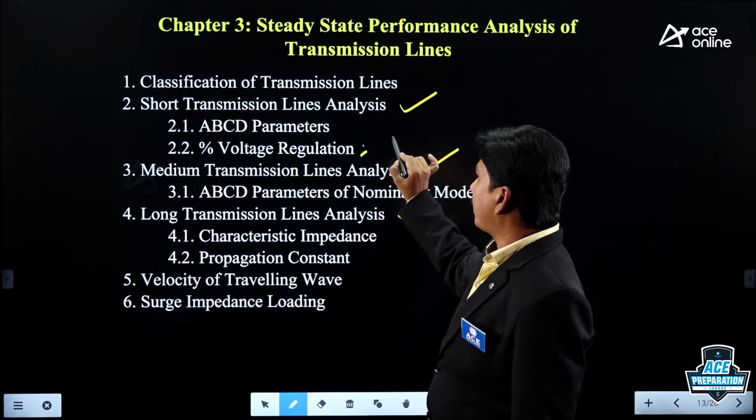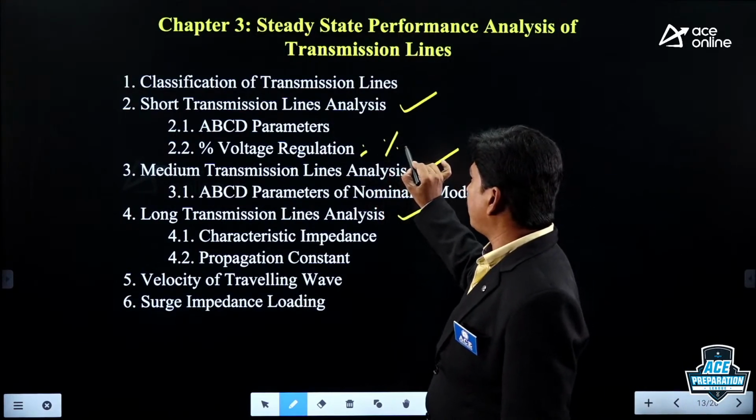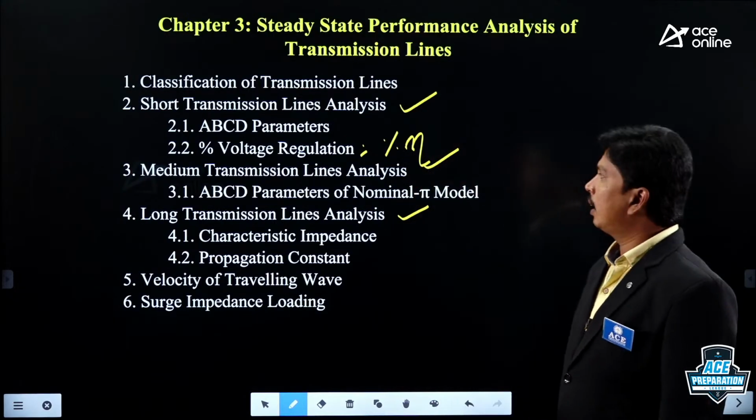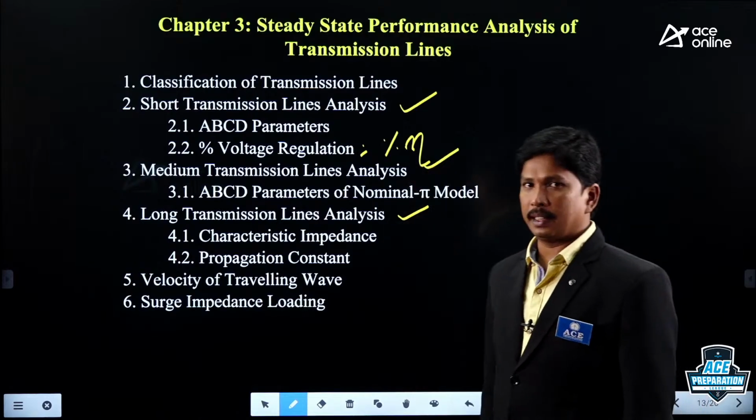Clear, students? For the short transmission line, we will calculate ABCD parameters, and the percentage voltage regulation and efficiency. Along with that we can see percentage efficiency calculation also, and percentage voltage regulation.